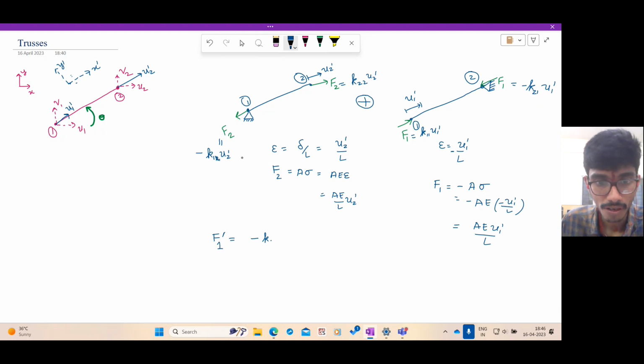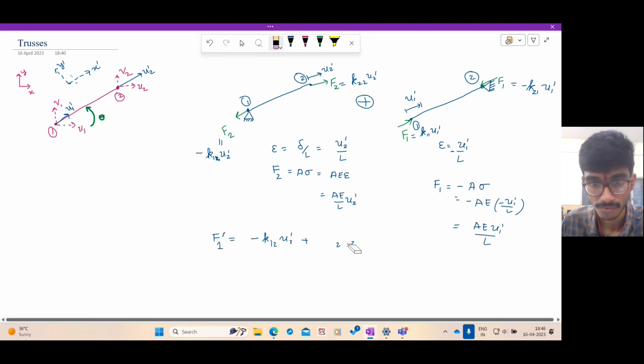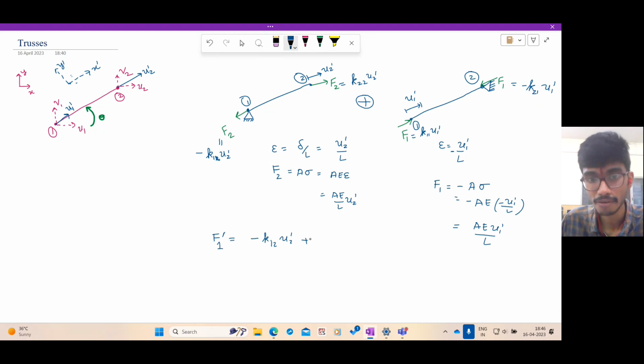So this is K12. So minus K12 U2 prime plus K11 U1 prime from this.